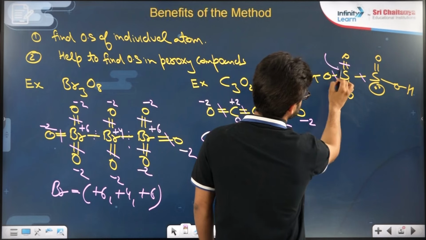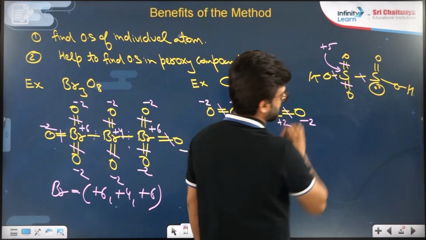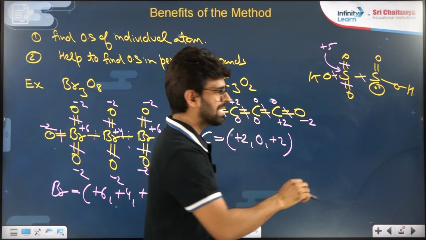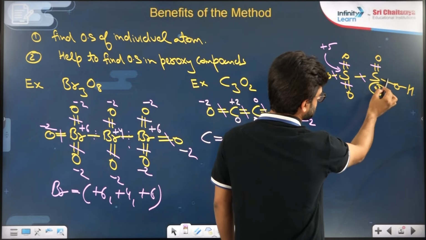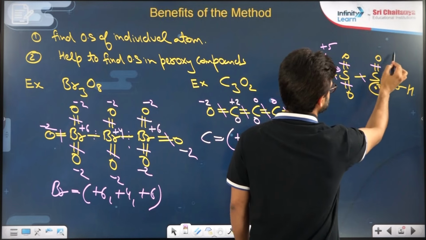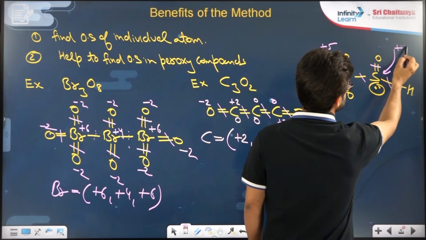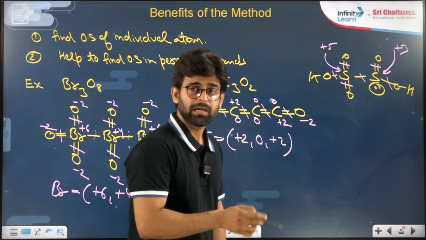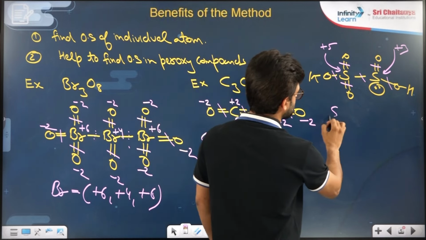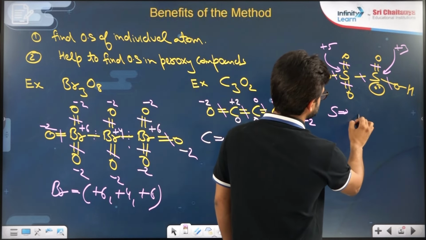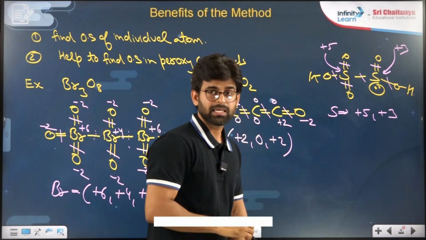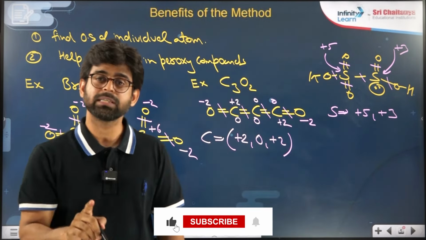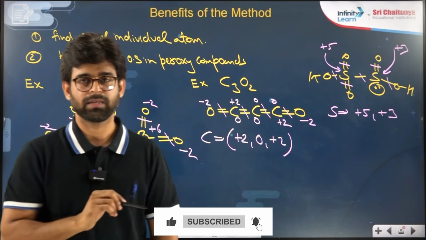So this sulfur is coming in +5. Whereas if you break this, -2 + 2, -1 + 1, so this sulfur is coming in +3. If I go individually, one sulfur is in +5 and one sulfur is in +3. Again, the formula will give you just the average, that is +4.